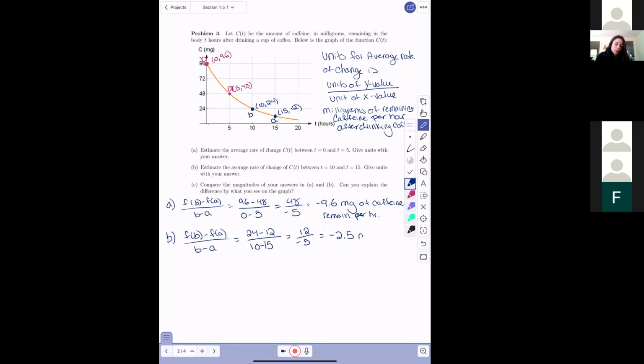Never mind. Milligrams of caffeine remaining per hour. Okay. I was wondering, how did you get 2.5? Because when I do that calculation, I'm getting 2.4.